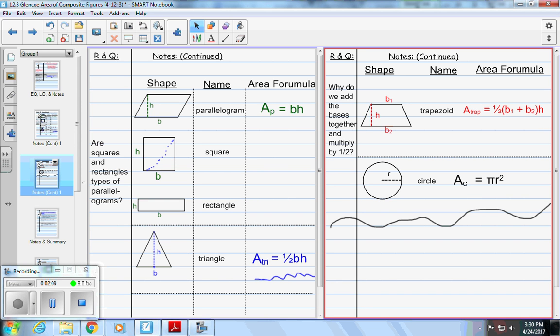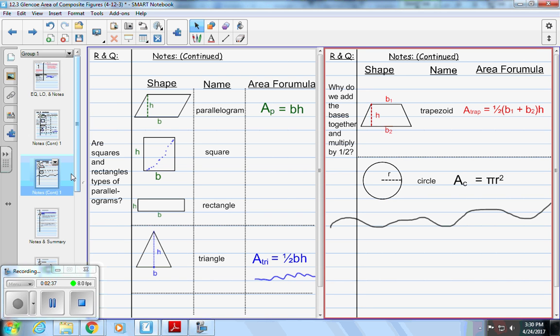Okay, welcome back. So our last 2 shapes are trapezoid and circle. And we're recycling the circle lesson we've already seen. I just wanted to get it on the same note for you. So on trapezoid, we have what may look like a more complex formula, but I think we can figure out why it looks like that. So why do we have to add base 1 and base 2 together and cut them in half?